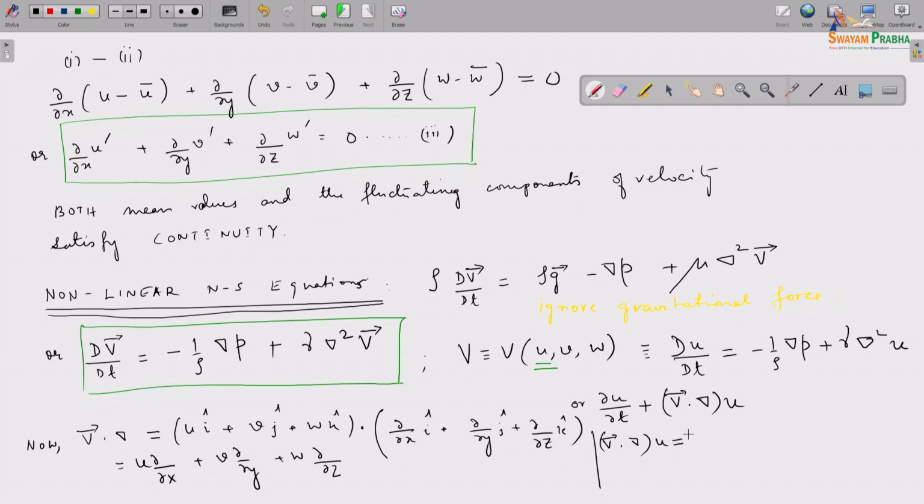So, if I do that, V dot del into u is nothing but, correct. So, therefore, this boils down to this equation, this expression. Okay.